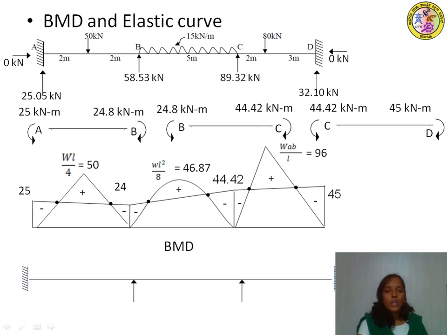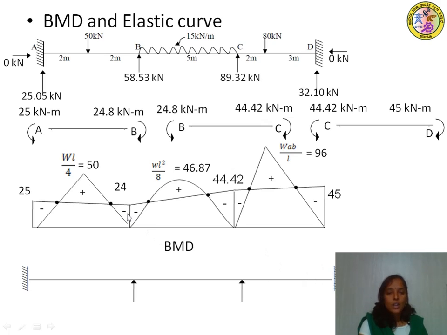So take the beam without loading, and the variation of the elastic curve will be as that of the bending moment diagram. So we know that negative means hogging, that means the beam will hog in the upward direction, and positive means the beam will sag in the downward direction. So we can see that at these points the bending moment is 0, means deflection will also be 0, okay. So at these points the curve will cross the direction.